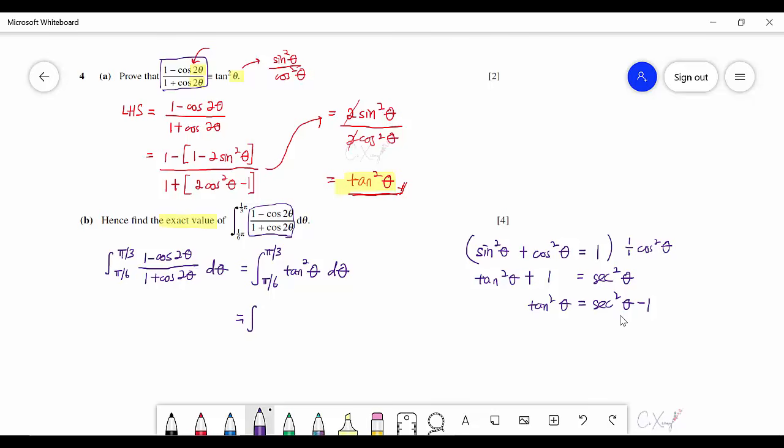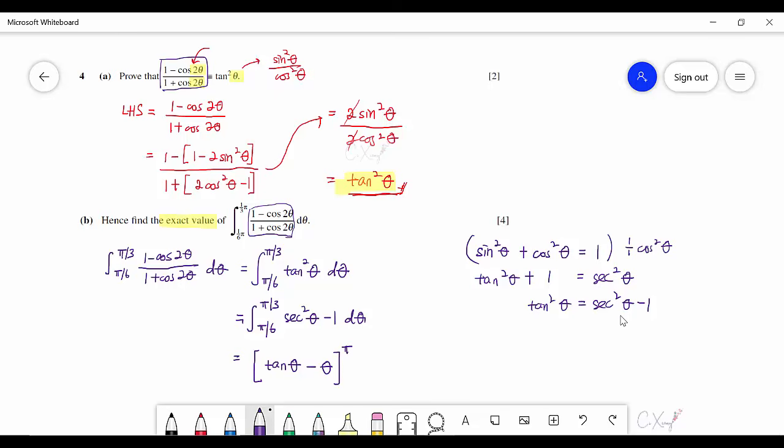I will substitute tangent square theta using this identity: tangent square theta can be written as secant square theta minus 1. When you integrate secant square theta, you get tangent theta, and when you integrate 1, you get theta.